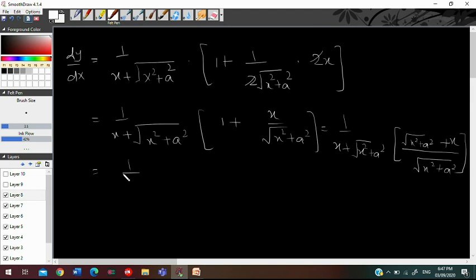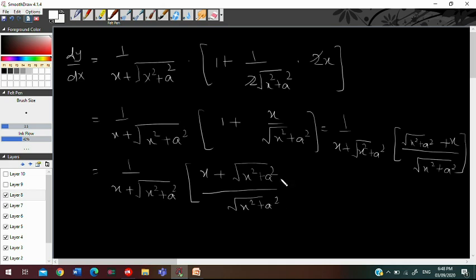Now if I rearrange it, x plus under root x square plus a square divided by under root x square plus a square, I'll cancel this with this, and we get 1 by under root x square plus a square.